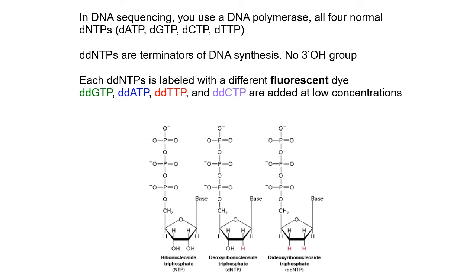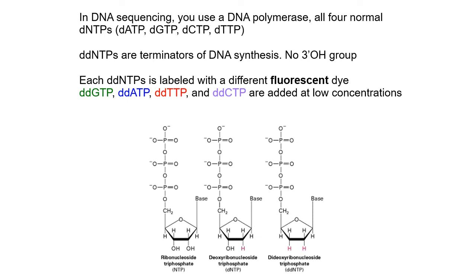And we will be using these for our reactions, as well as normal dNTPs. Okay, these are also labeled with fluorescent compounds. You have to use 4, of course, one for each nucleotide type, and each one is labeled with a fluorescent compound such that they actually emit light at different colors.